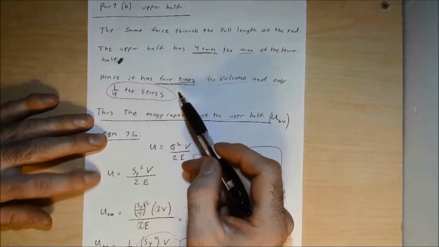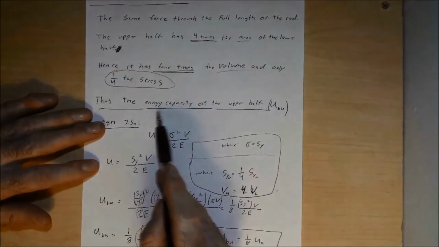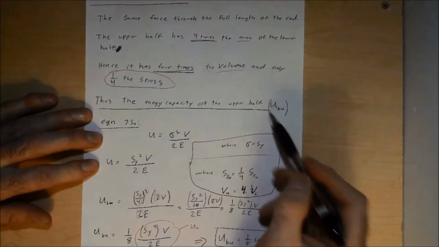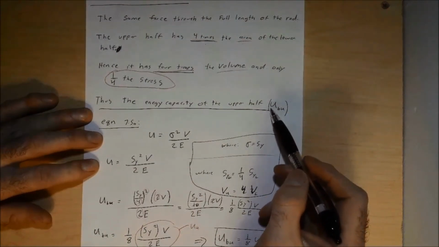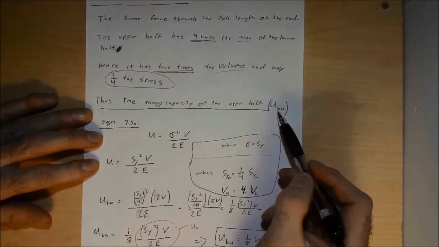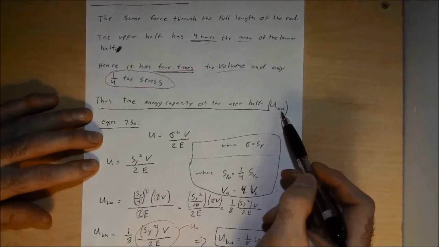So based on that, now we can go through and calculate the energy capacity of the upper half of part B. Again, I'm using this variable name over here for the capacity for part B in the upper half: U, with the subscript BU for part B, upper half.